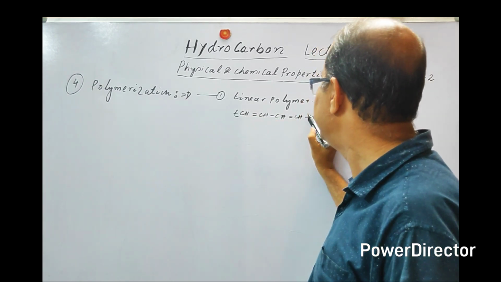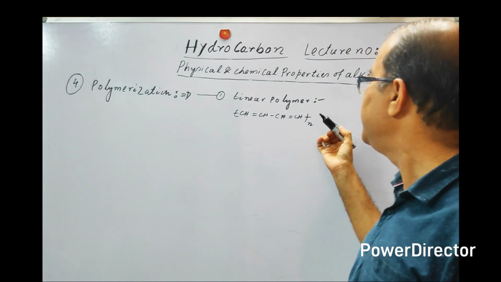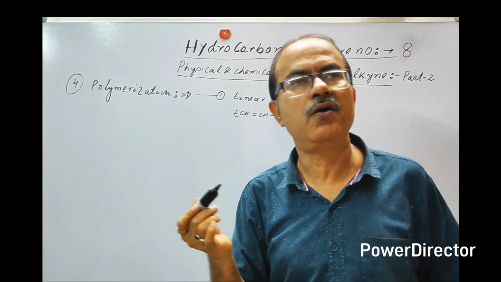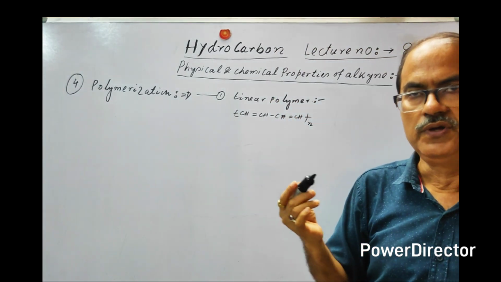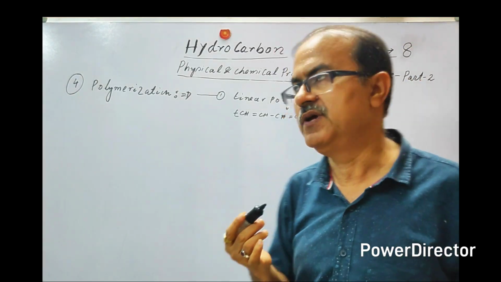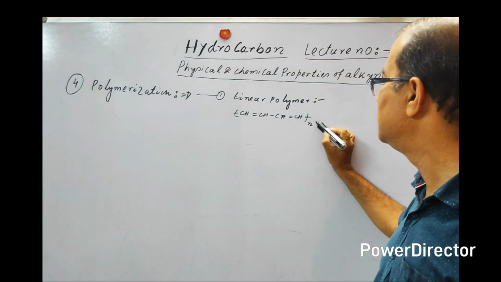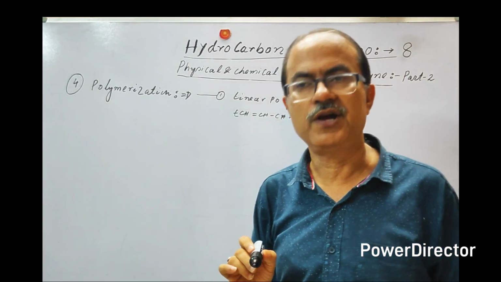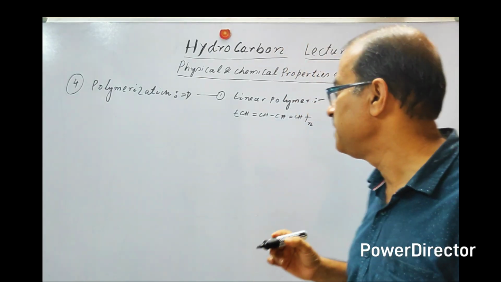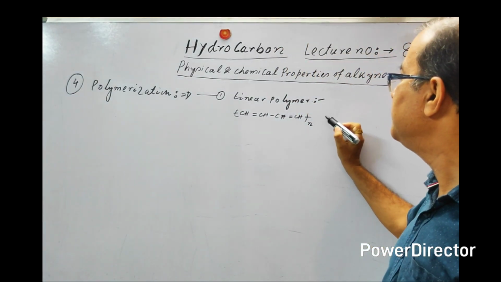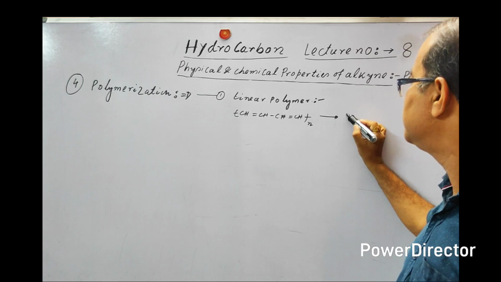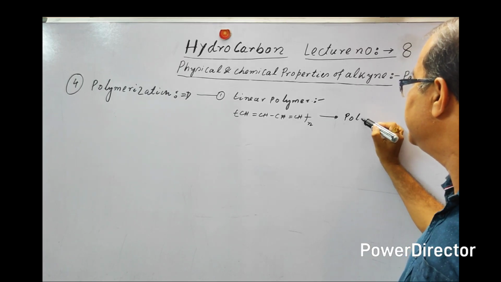This will be the repeated unit, and how much we get depends on the product produced by this polymerization reaction. So this linear polymerization is going to produce polyacetylene.